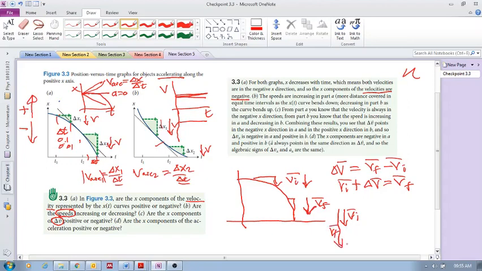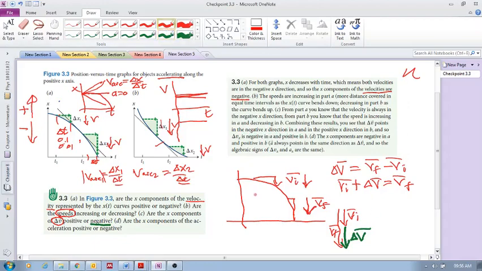So what vector do I need to put in here to get a larger v final? I need to put in that delta v. So v initial plus delta v is v final. Okay, so my delta v is going to be negative for A, and this is what it says here. Delta v points in the negative x direction in A.